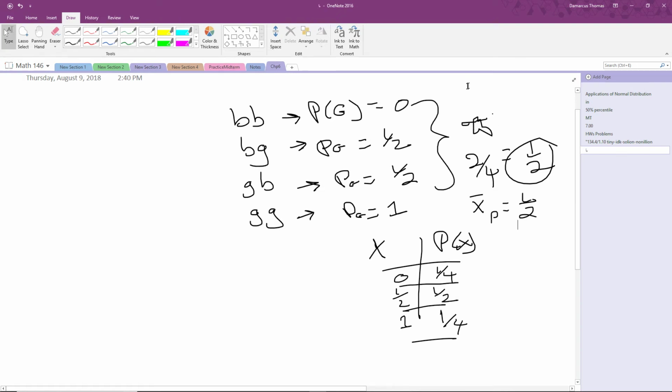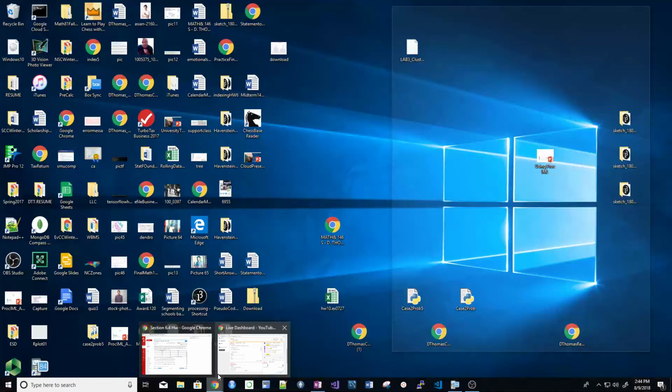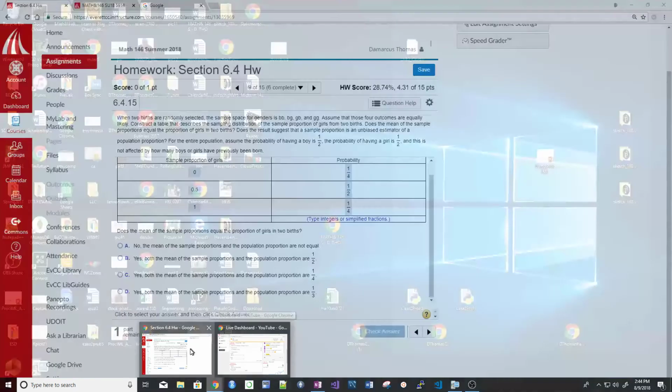Now what about the average girls in all of the cases? If we do this, what would it be? It would be a half. The probability is still a half. Let's take a look.